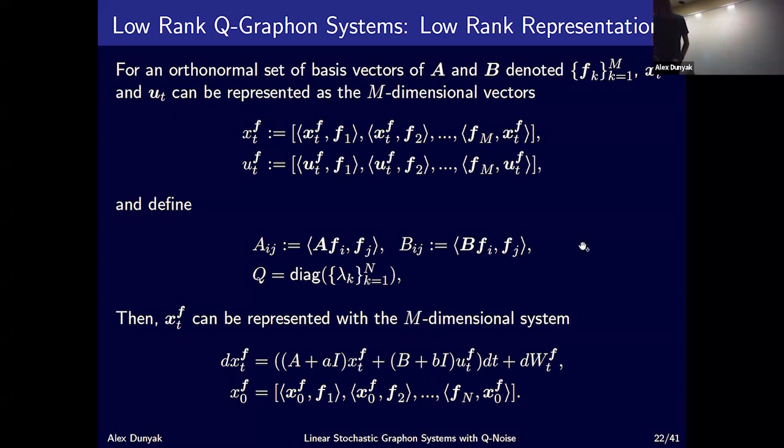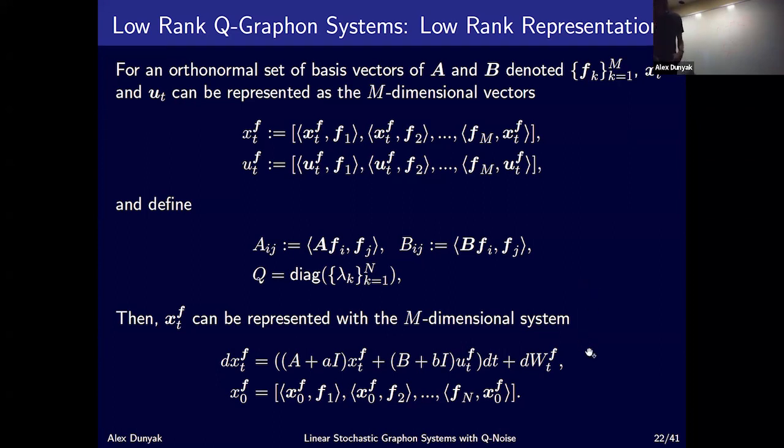So here we can just turn this function defined on the unit interval into a vector of projection constants onto each of the orthonormal basis functions, and we can define our matrices A and B entry-wise again just by these projections onto each basis function.